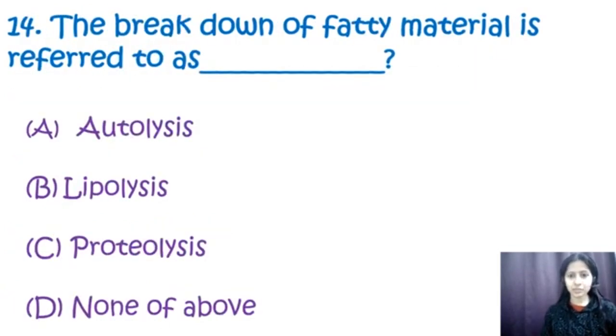Number 14. The breakdown of fatty material is referred to as: option A autolysis, option B lipolysis, option C proteolysis, and option D none of the above.